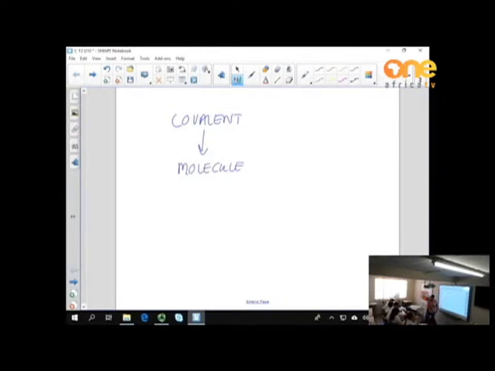Examples of these molecules are things like water, methane, CO2, NH3. They are, relatively speaking, small molecules. So we just refer to them as molecules.